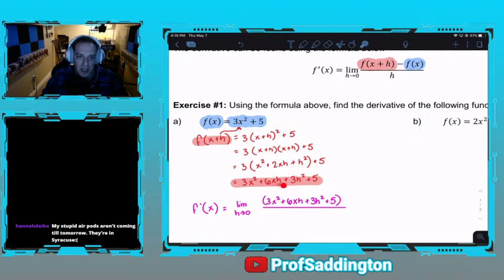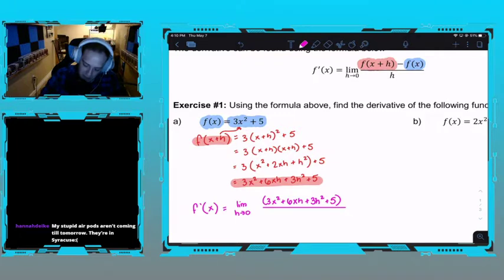I'm just plugging it in. We already solved it. We already know what that answer is. Then I have to subtract f of x. So now I'm just going to write minus, and we already know what f of x is because that was given. That was that 3x squared plus 5. So we don't have to solve for f of x. We just have to plug it in.